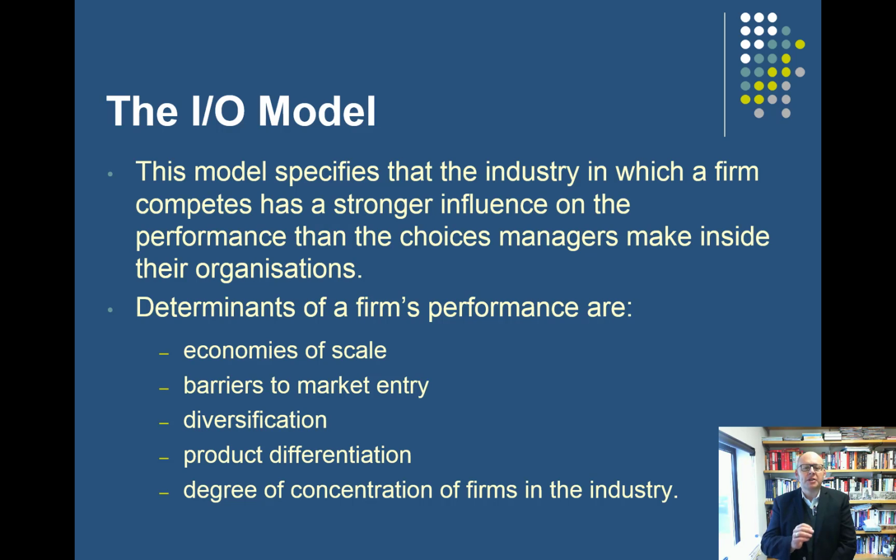So the IO model tells us that it's really the industry in which a firm competes that has the strongest influence on a firm's performance. The performance and the success or failure that an individual organisation experiences is really driven by things that exist outside the organisation. Say you're a small bank operating here in Australia in the lead up to the global financial crisis.